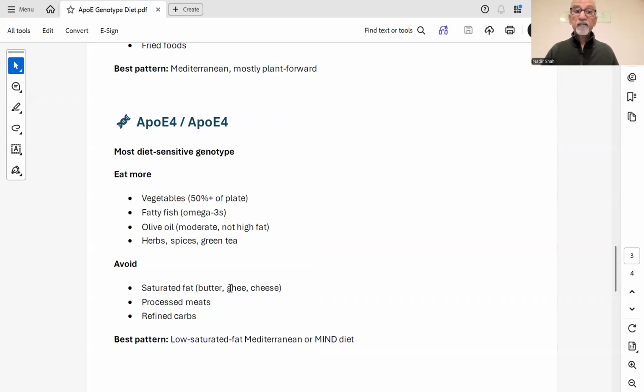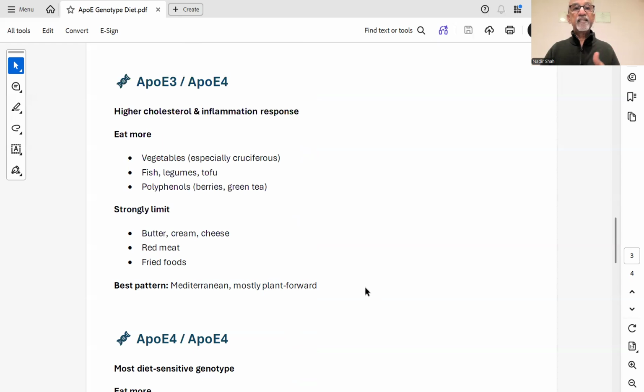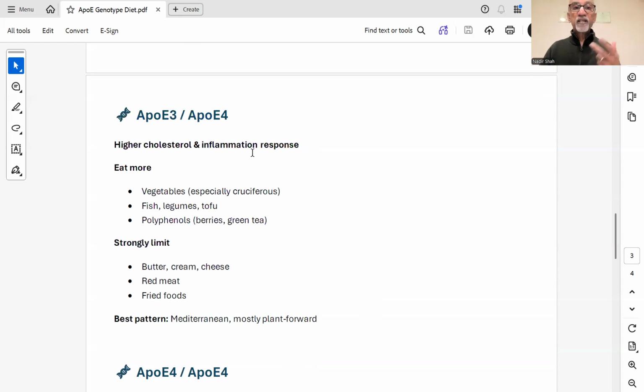Again, butter, ghee, cheese, processed meat, all sorts of red meat, because they carry saturated fats. And they have to avoid refined carbs as well, because refined carbs will increase their inflammation response.